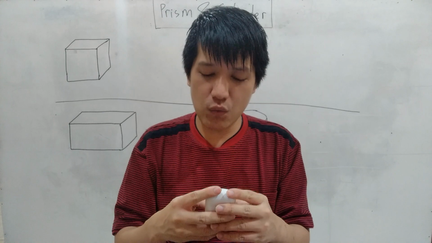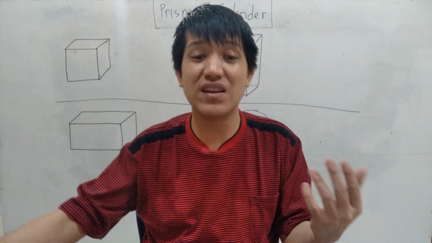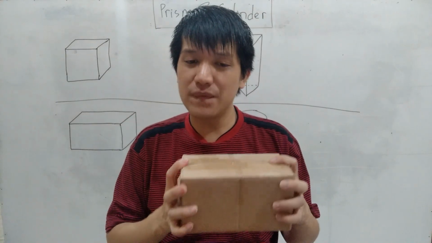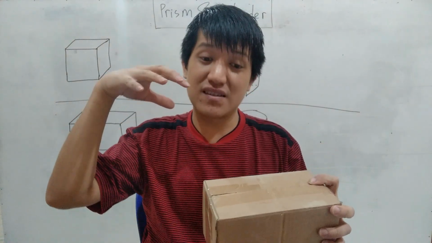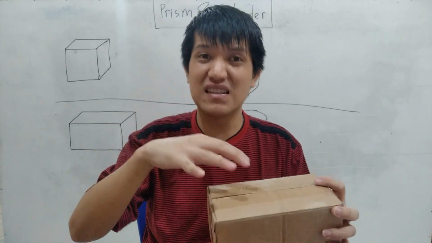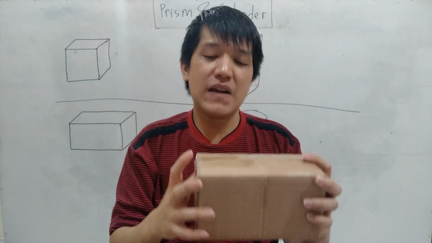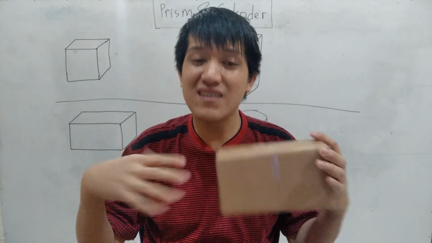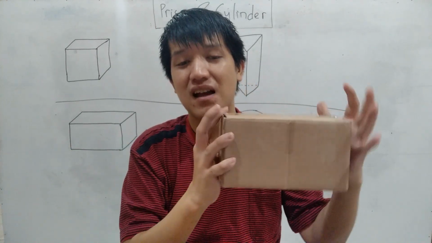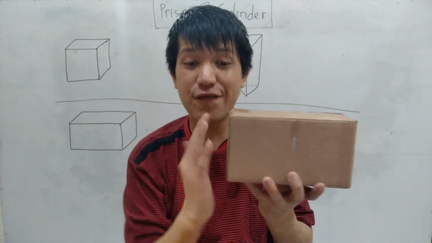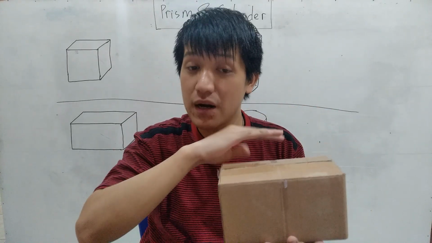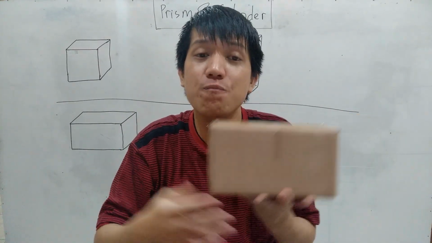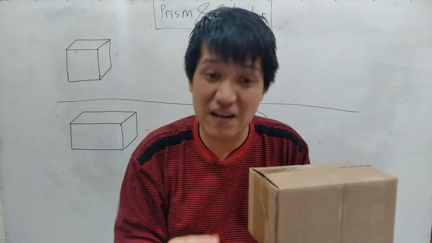Now we need to understand what surface area is. If volume means the space inside, then surface area means the part outside. How to understand surface area easily: let's say that I want to cover this box with paper or plastic. How big is the paper that I need? How big is the plastic that I need? That is surface area.